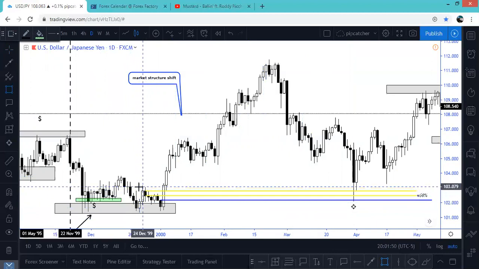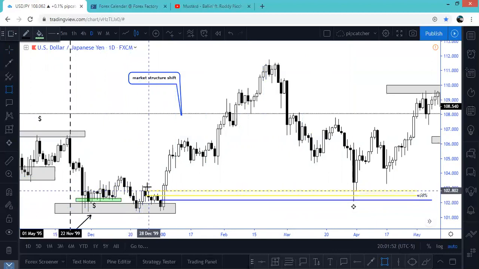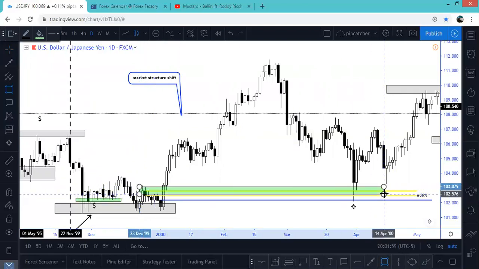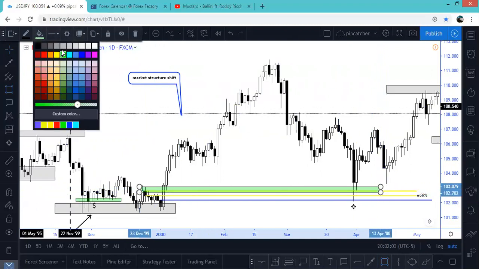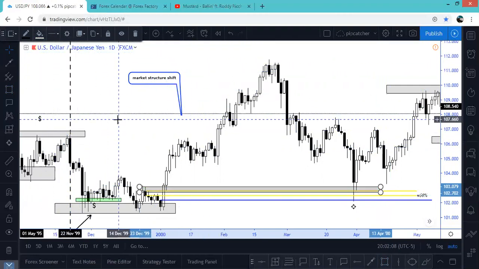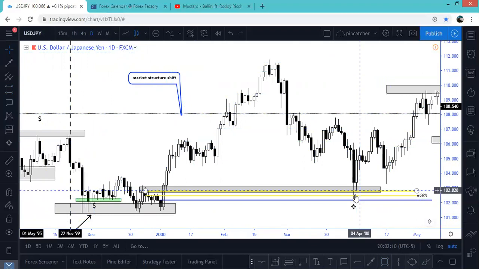You can say this is a very minor swing high, right? So if we took this and dragged it all the way across, look at where price goes, right into this range.